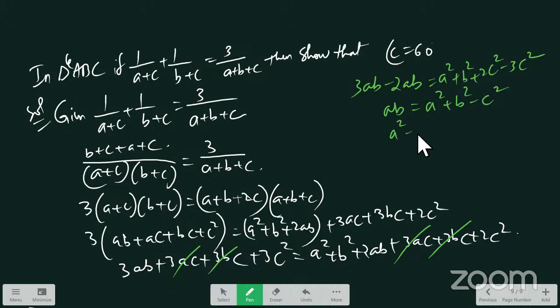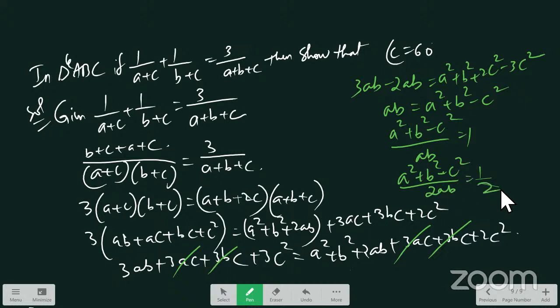Means (A square plus B square minus C square) by AB equal to 1. (A square plus B square minus C square) by 2AB equal to 1 by 2. Both sides multiply with 2 in the denominator, or divide with 1 by 2, whatever.